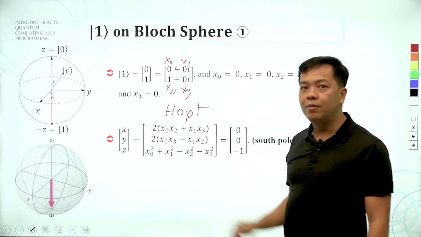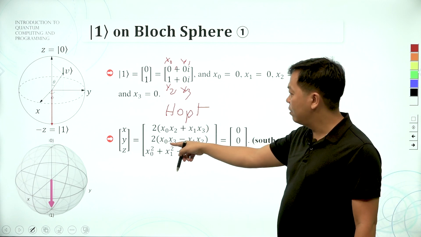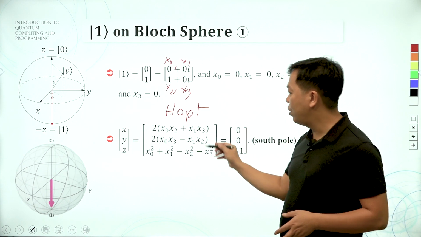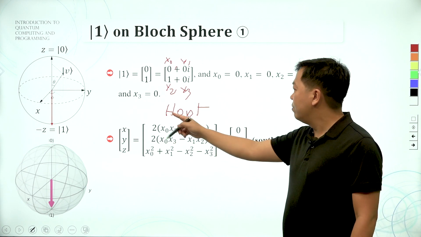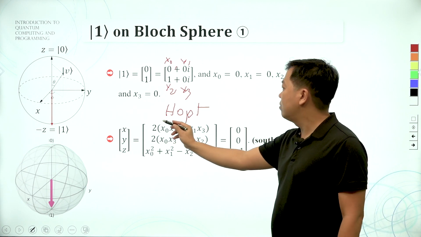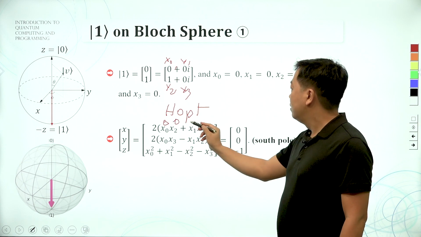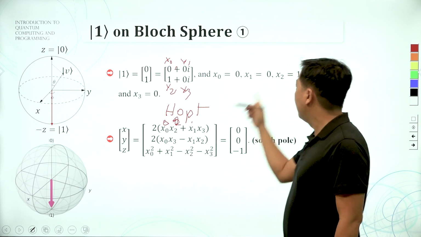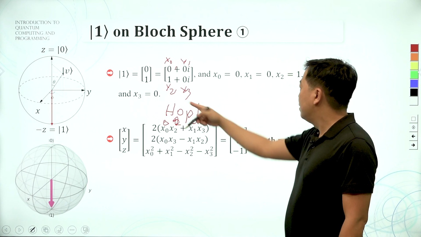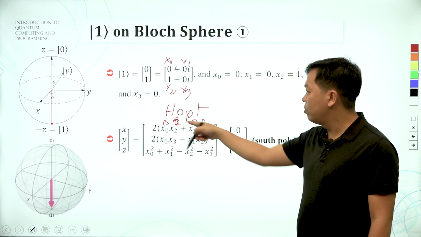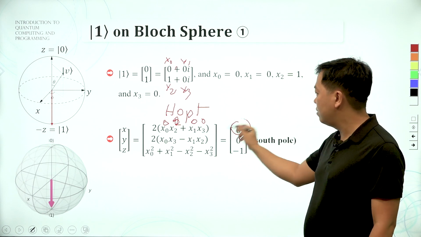You replace each component and apply the Hopf map formula, and then you can change the x value. For example, this is 0, this is 1, and this is 0, and 0. So this is 2 multiplied, and the total value is 0, so it is equal to 0.